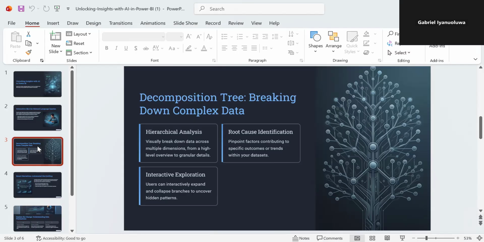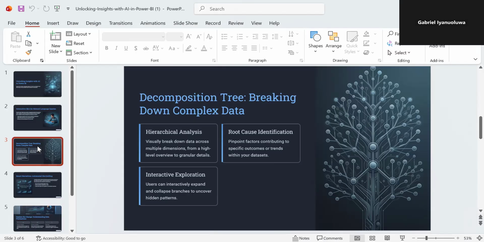So it helps in visually breaking down data across multiple dimensions, from high-level overview to granularities. And also, we identify root causes, the factors contributing to specific outcomes or trends within your data set. It helps in breaking down your data for proper comprehension.